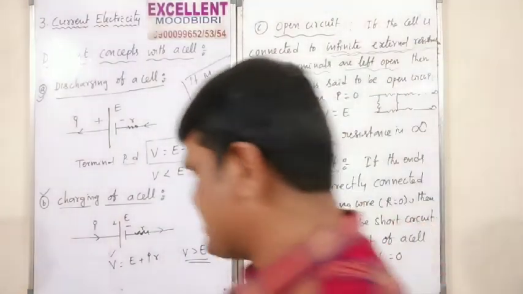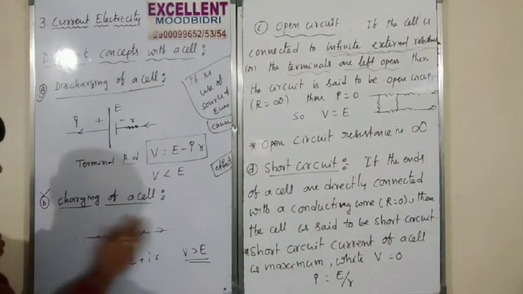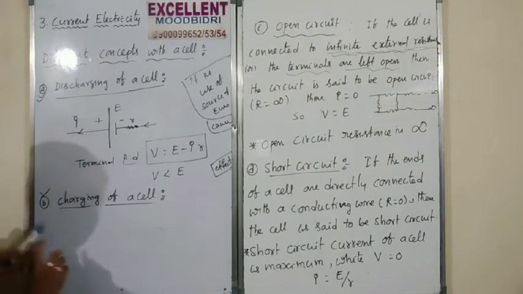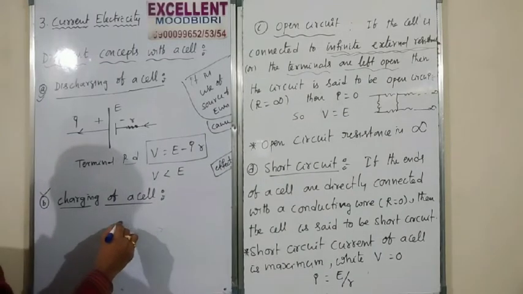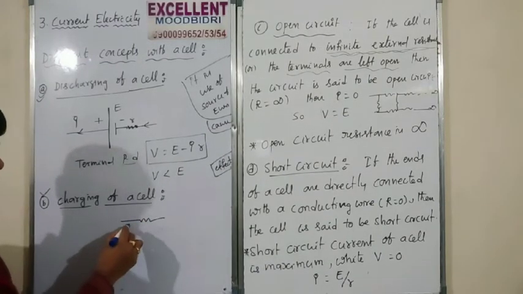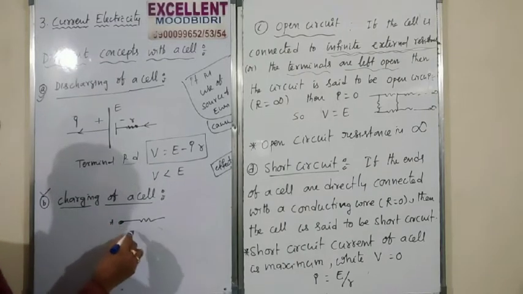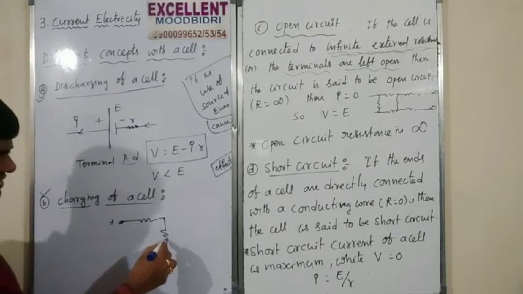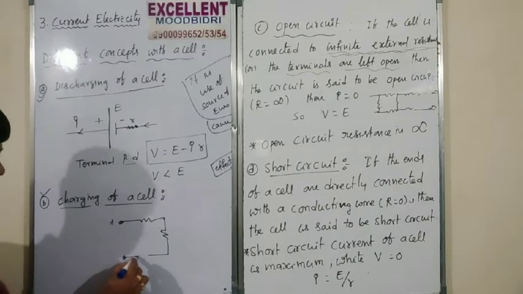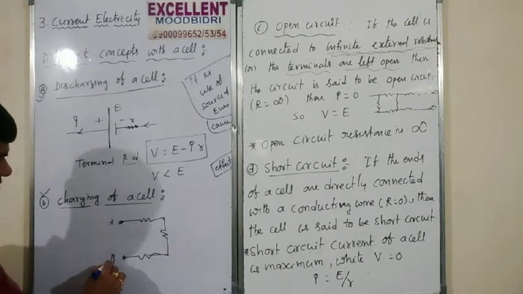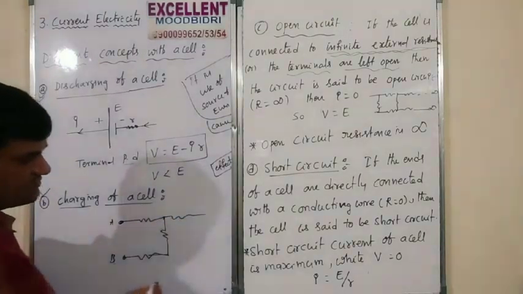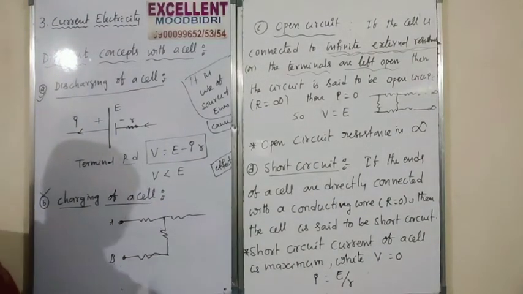For example, I will give you one more diagram. A circuit like that will be there. This is A, and here is one more circuit with a resistor. This is B. Now here, like that, that is the open.